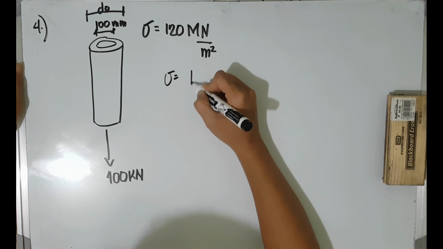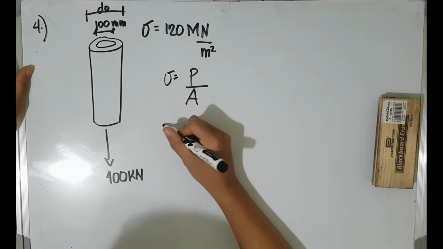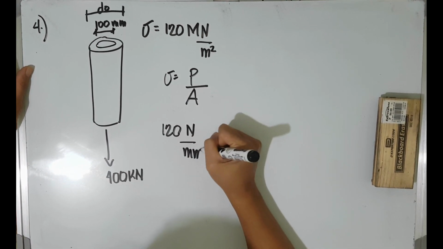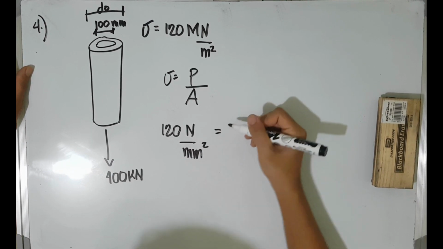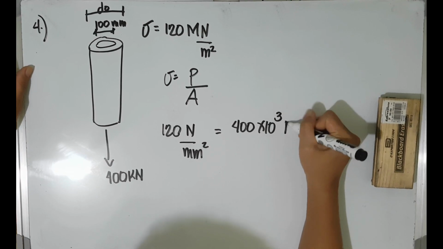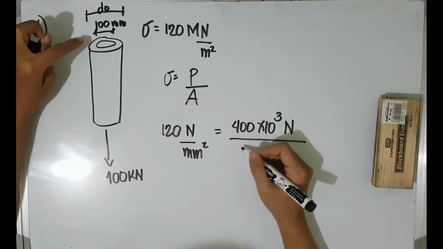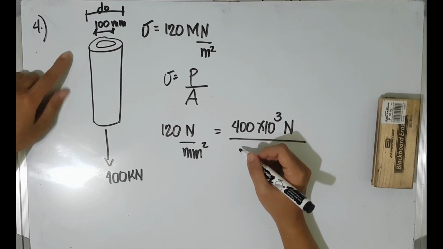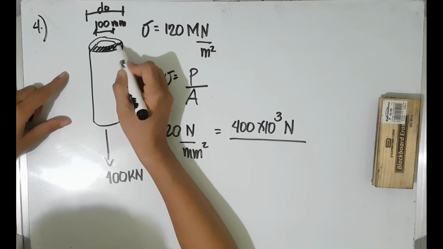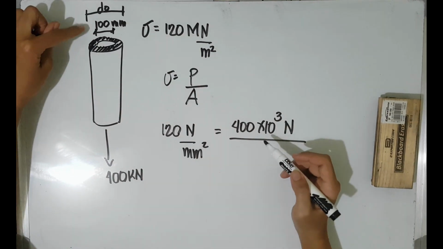So we will just substitute the values here. 120 megapascal or 120 Newton per square millimeter is equal to the tensile load, which is 400,000 Newton, divided by the area that is covered on this part.